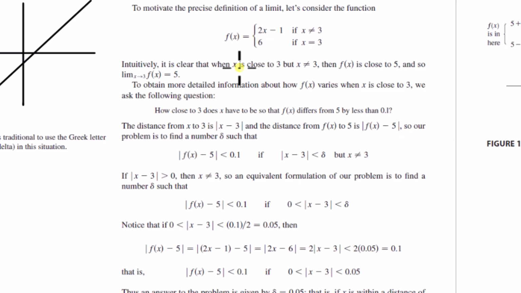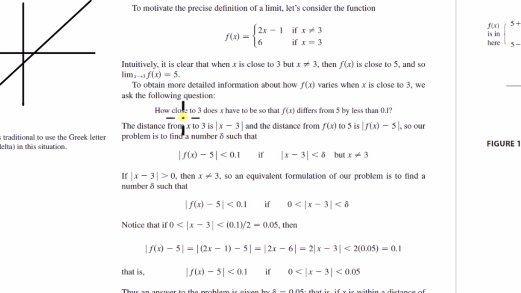So to try and analyze this limit here, the limit as x approaches 3 of this function is equal to 5, the meaning of this limit, from the intuitive definition of the limit standpoint, we want to try and analyze how f of x varies when x is close to 3.